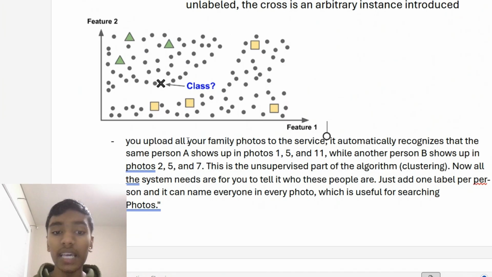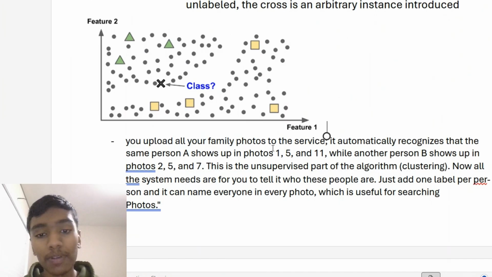Person A shows up in photos 1, 5, and 11. Person B shows up in photos 2, 5, and 7. This is the clustering part of the algorithm. Again, it's unsupervised because we haven't labeled the data yet. But now that the system has identified which people are the same in each different photo, that's the unsupervised part.